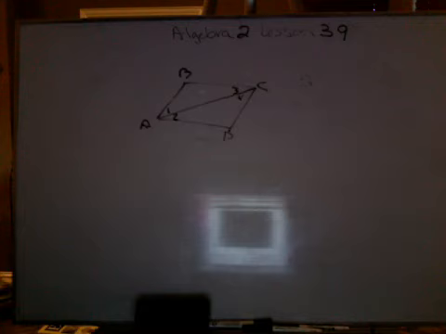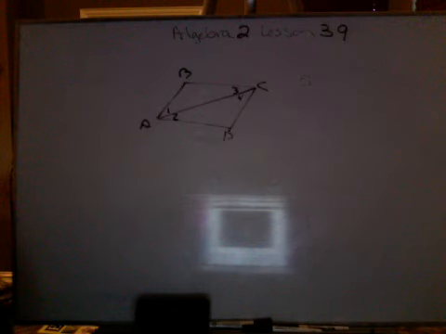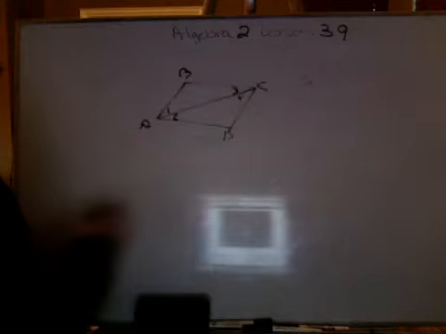But because the rhombus is a parallelogram, side BC is parallel to side AD, and AB is parallel to side CD. Therefore angle 2 and angle 3 are equal because they're alternate interior angles, because of the transversal that cuts these two parallel lines.